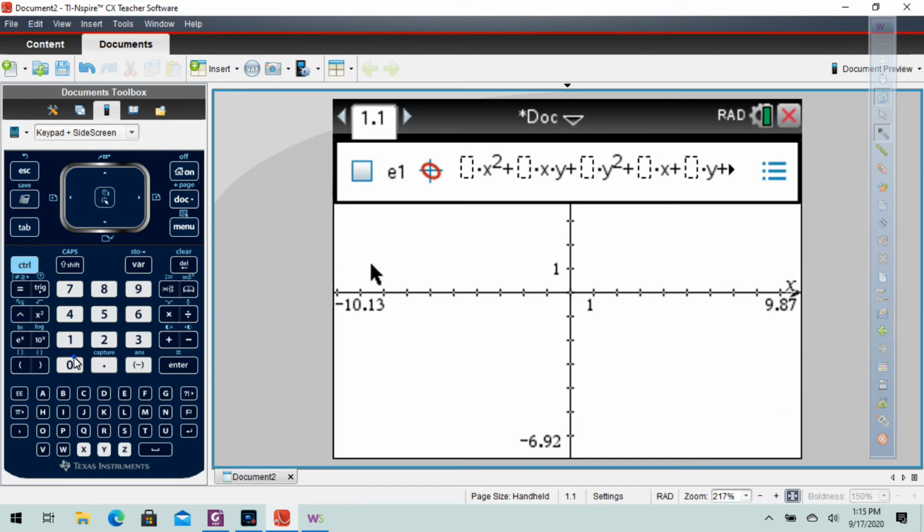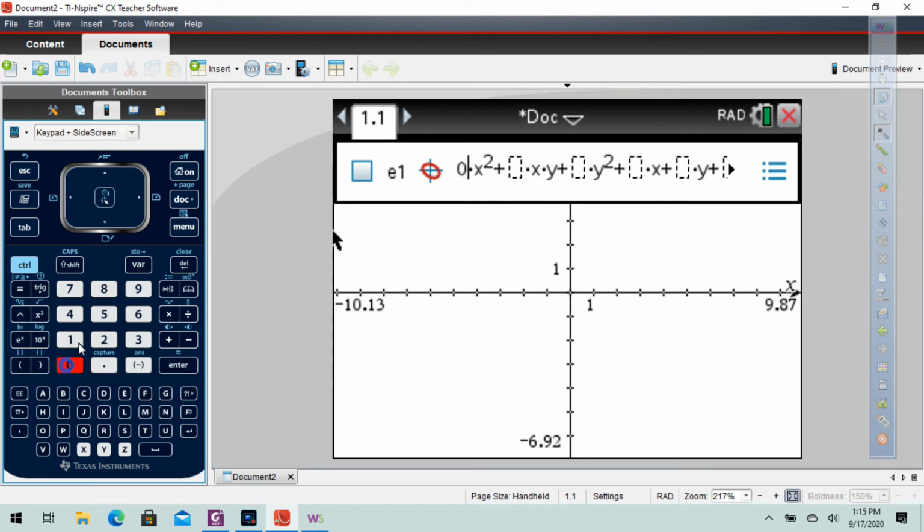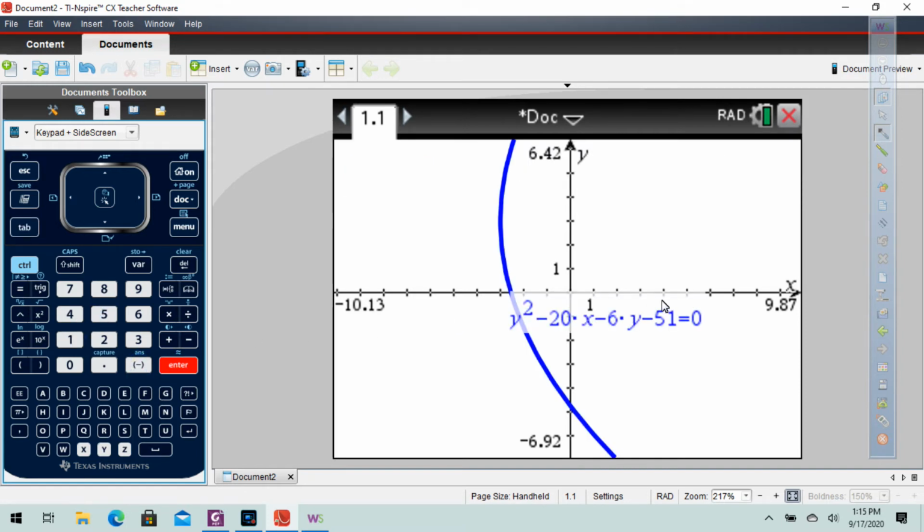We do not. So let's put a 0 there. Do we have an xy? No, we do not have an xy. Do we have a y squared? We do. There's just one y squared. Do we have an x? It's -20. Do we have a y? That is -6. Do we have a constant? That is -51. And there it is.